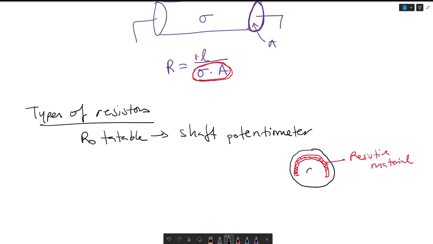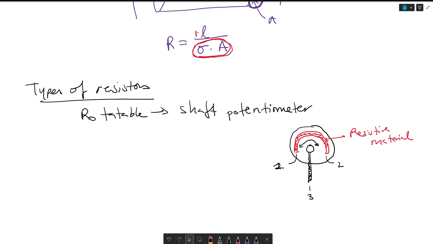And you have a rotator, and this is kind of how your radio knobs work in your car. And you have 3 terminals. This is 1, this is 2, and this is 3. You have a 3-terminal potentiometer.